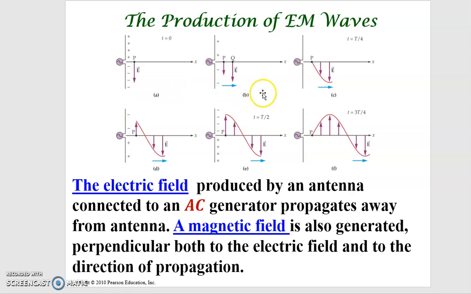Later, because of the oscillation of the current, the charge accumulated on the upper and lower halves becomes less. So the electric field is still downward, but it becomes smaller. When the time is at 1/4 of the period, there is no charge accumulated anymore, because the current is oscillating. So at this moment, there is no electric field.